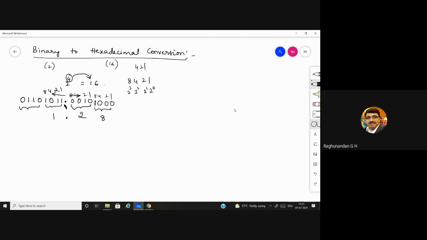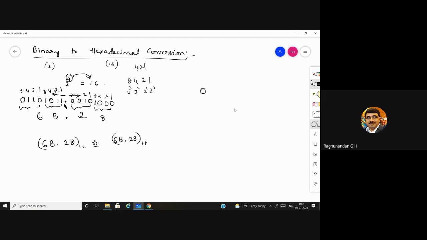You need to write it as B, because 10 is A, 11 is B, 12 is C, 13 is D, 14 is E, 15 is F. 8421, so it will be 6. So the equivalent hexadecimal number is 6B.28 to the base 16, or you can also write it as 6B.28 to the base H. H indicates it's in the hexadecimal number system.